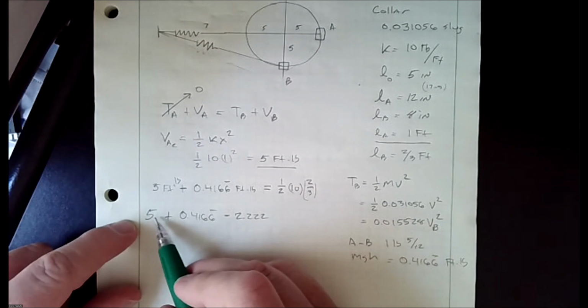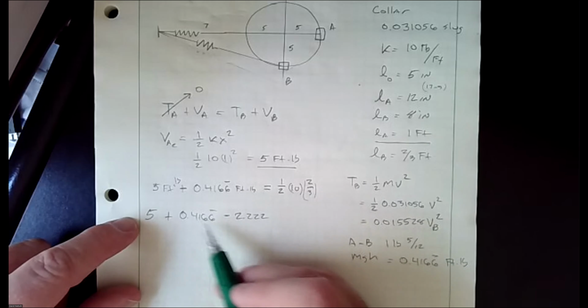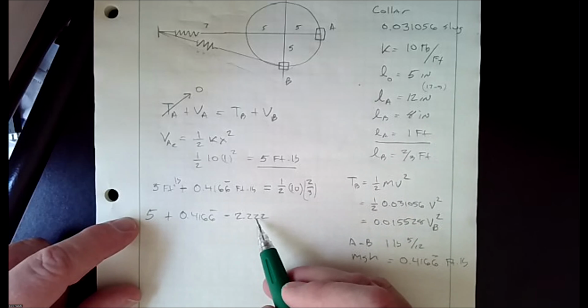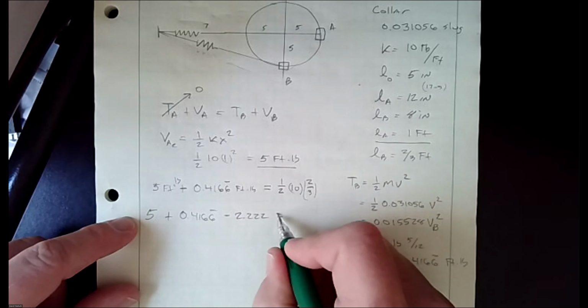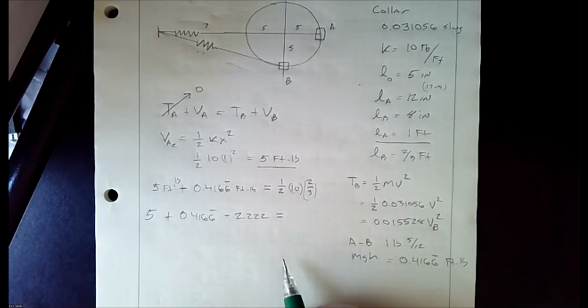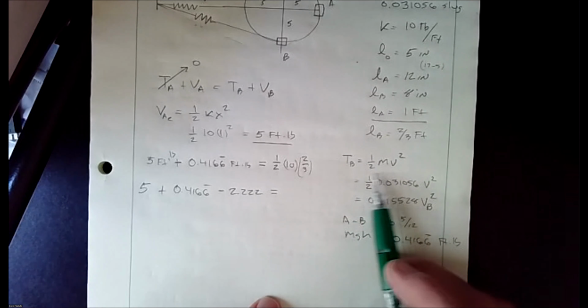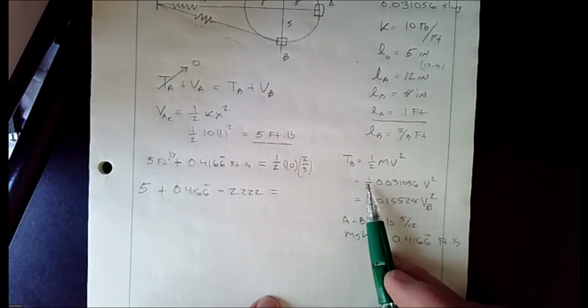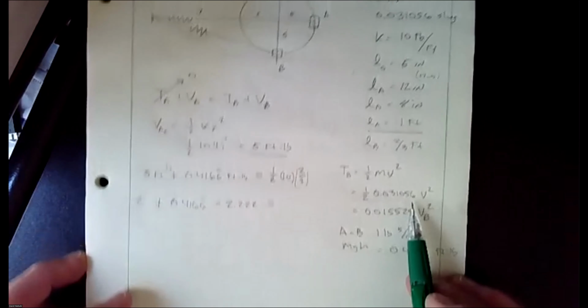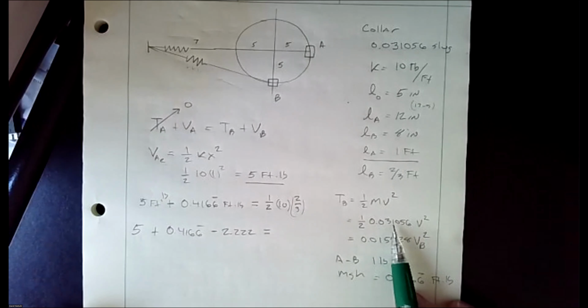And so spring energy, gravitational potential, remaining spring energy, and then all of that would equal what's the velocity. And so for my velocity, of course, I'm going to use what I've written down here, 1/2 mv squared, where I have 1/2. That's the reciprocal of 32.2 because I only have 1 pound. So 1 over 32.2 is that number.